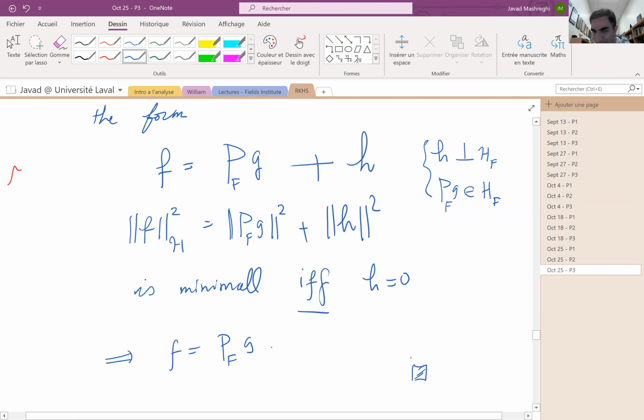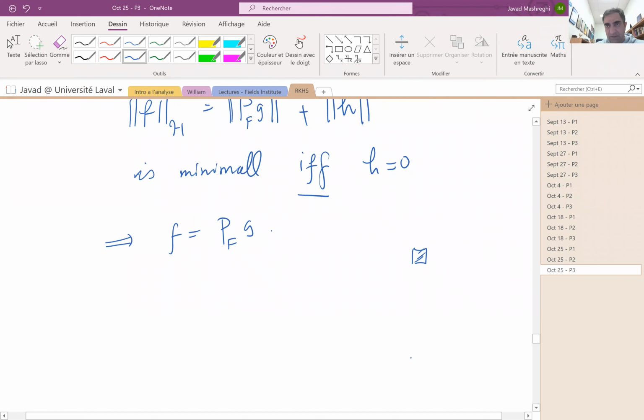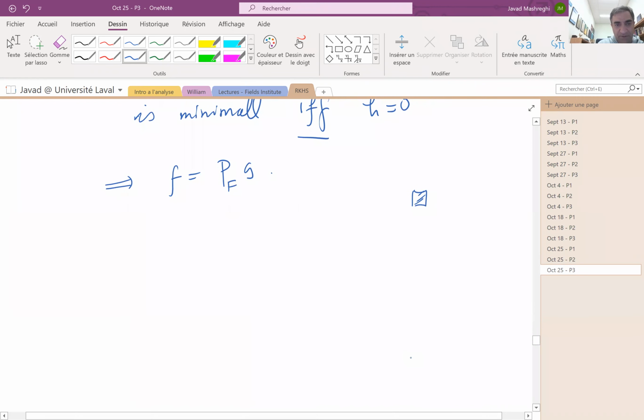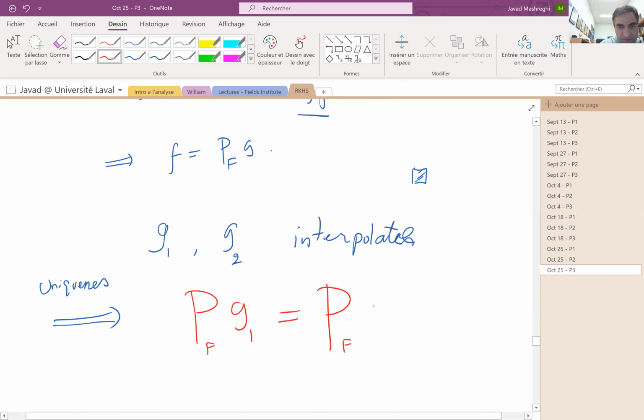There is another indirect message also in the proof. It is mentioned, but I want to clarify it further. If you have G1 and G2, which both interpolate, then uniqueness tells us that the projection of G1 is the same as the projection of G2.